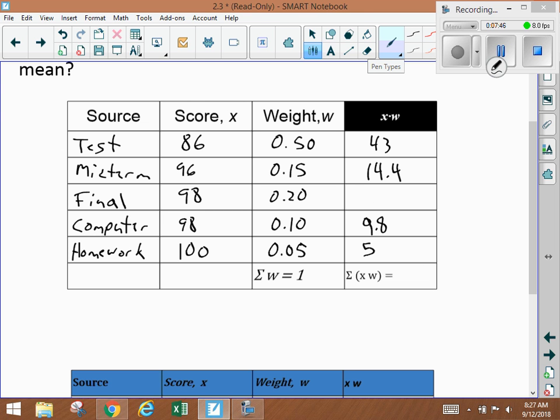The teacher gave him the wrong grade twice. You said the total was 91.8, right? Yes. Okay, let's see. 98 times 0.2 is 19.6, so we add it up.